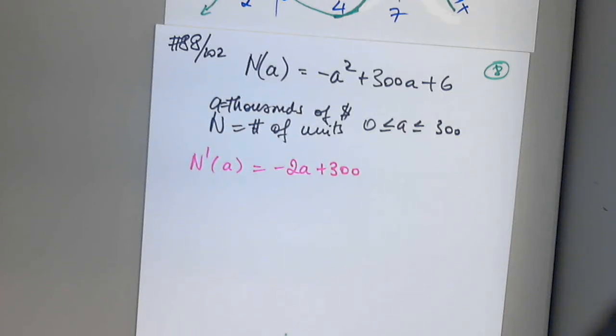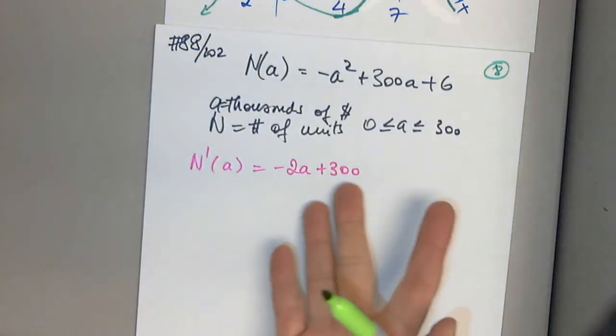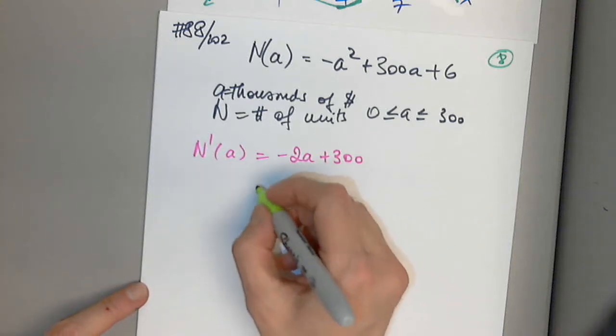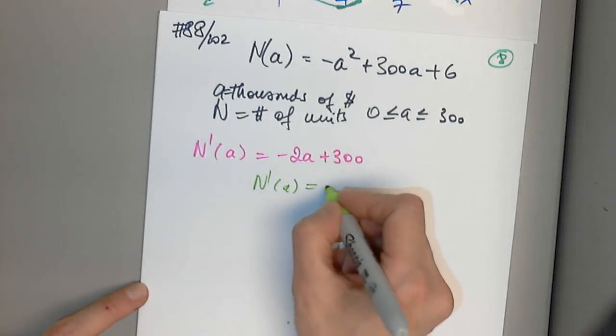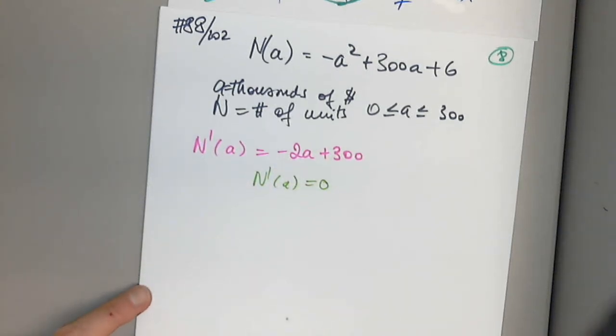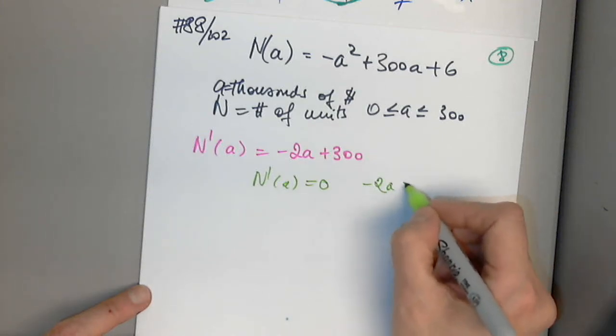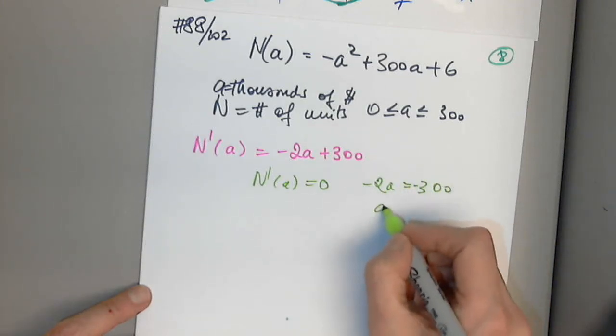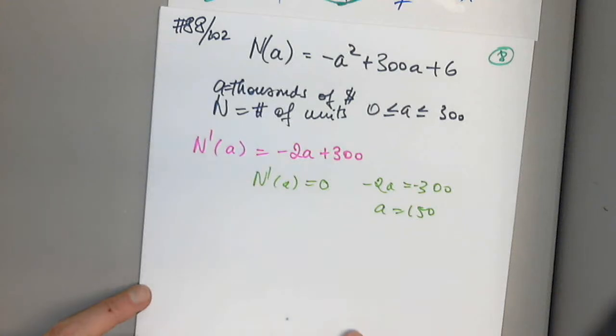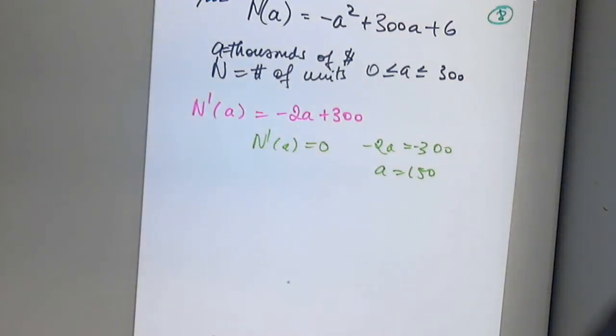It's a polynomial function. The derivative as a linear function will always exist. So critical numbers will only come from n prime of a being 0, which means negative 2a equals negative 300, a equals 150. So 150 is a critical number.